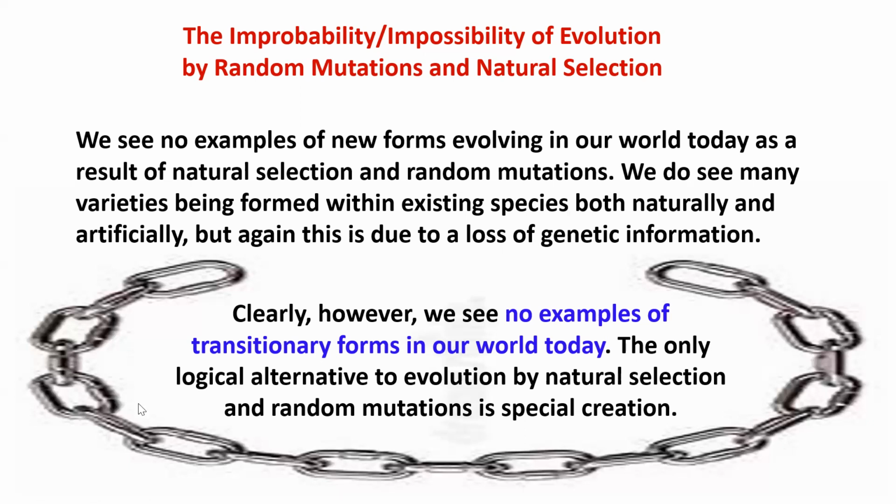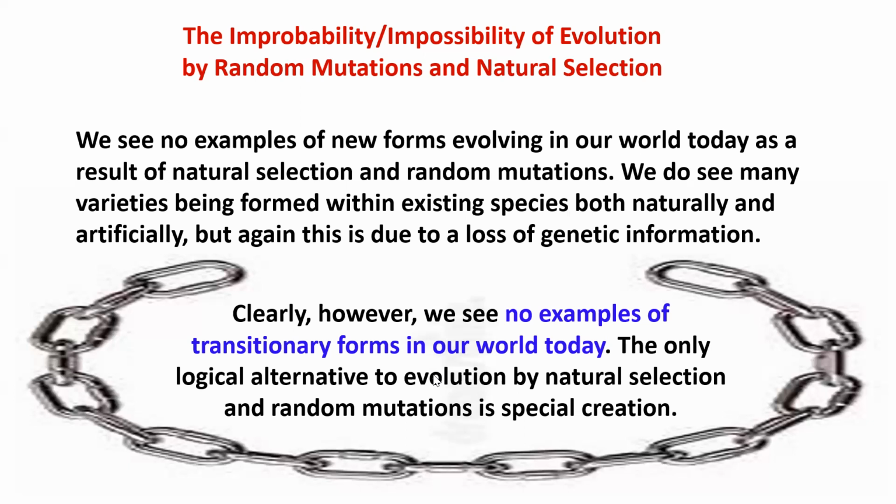Now we know something about science. For evolution to take place, we basically need a lot of extra information in the genes. But in real life, it is loss of information or rearrangement. It is not new information.